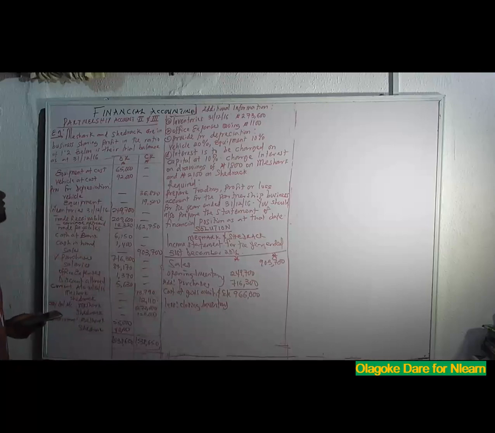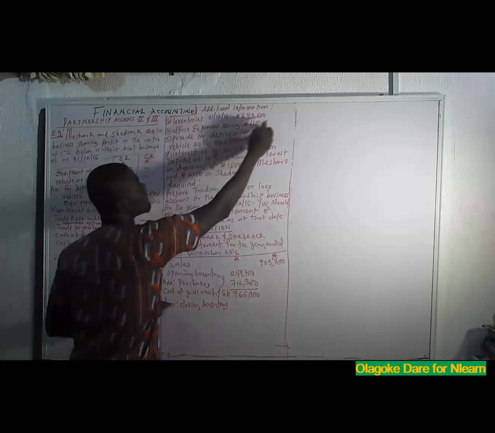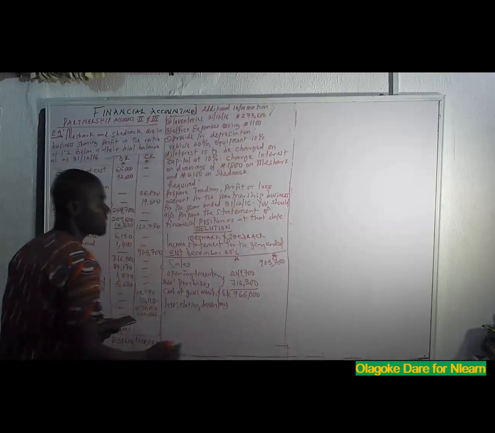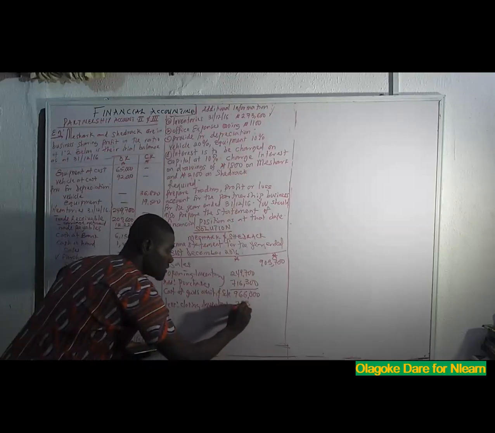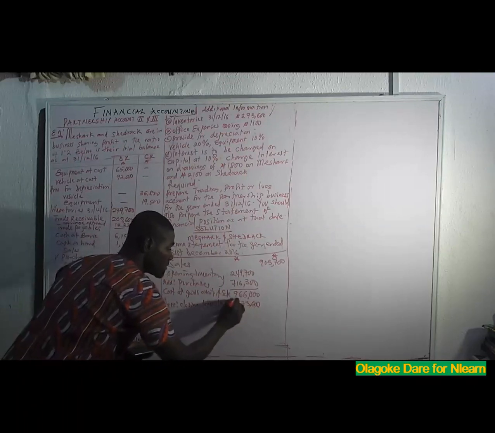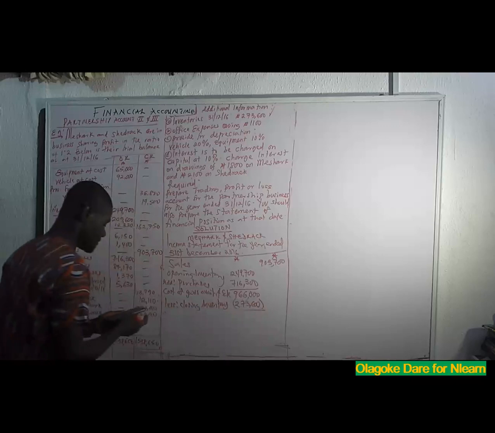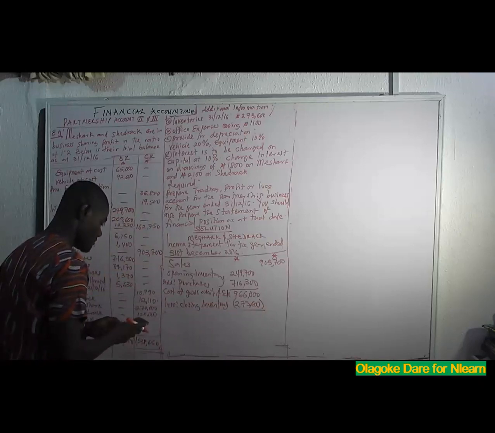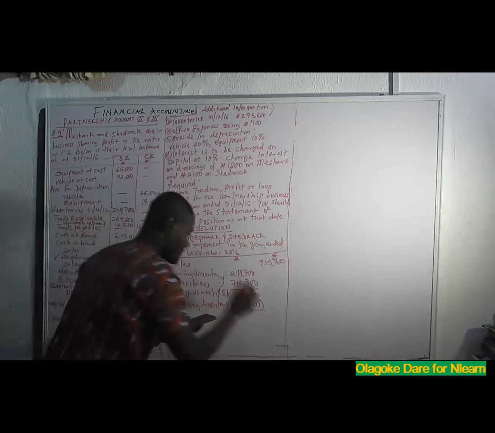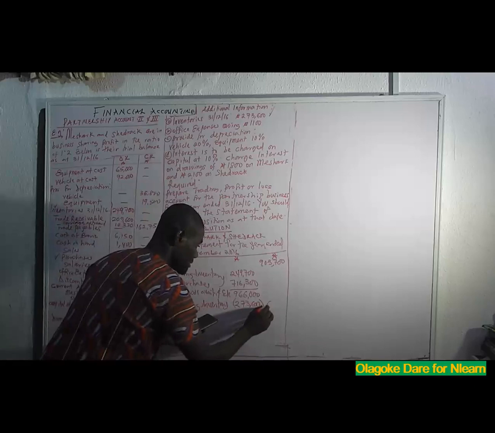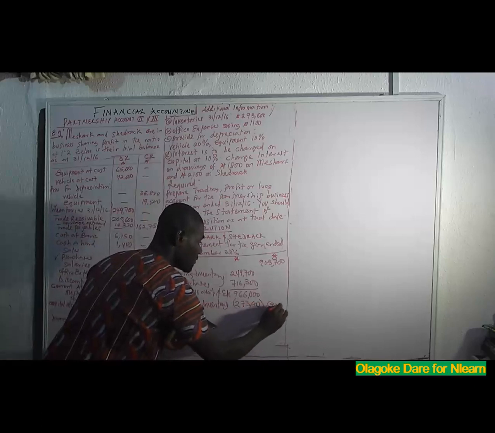Where's my closing inventory? As you can see, I'll tick 273,600. So what do I have? I have 692,400.